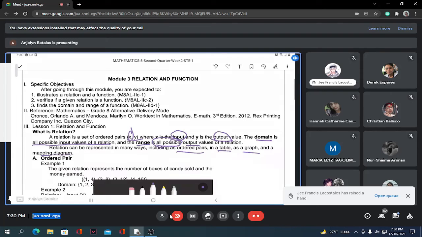Remember your performance task: you're going to make a leaflet about your electricity consumption per month. You will present it as ordered pairs, a table, a graph, and a mapping diagram.